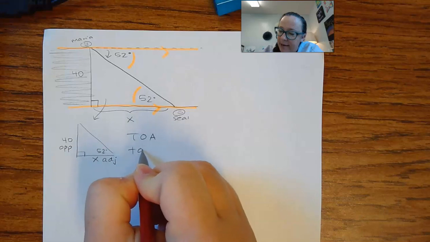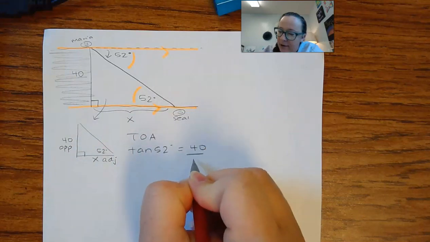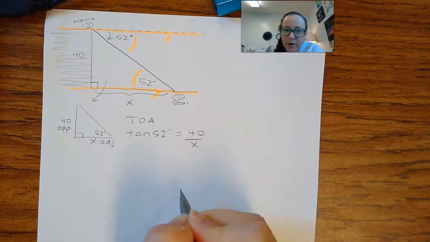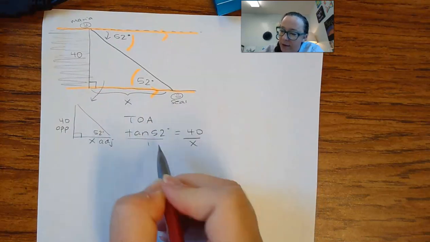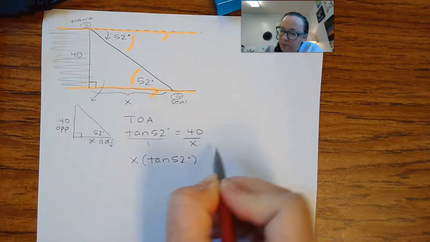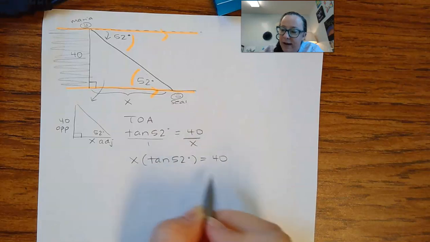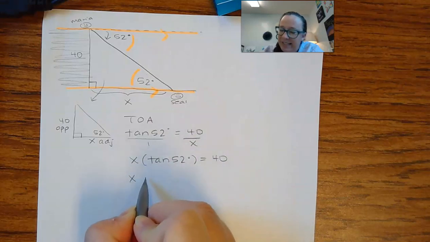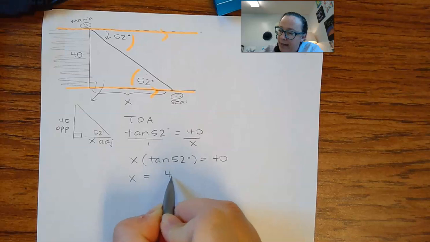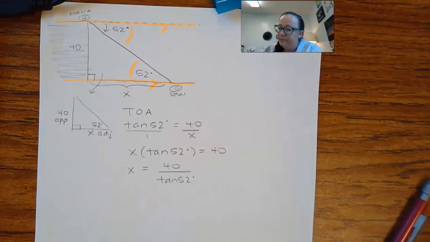So I say tan 52 degrees equals opposite over adjacent. Cross multiply, that's like over 1. So X tan of 52 equals 40. To get x by itself, I need to divide both sides by tan of 52 because that's just a number. So it's 40 over tan of 52 degrees.